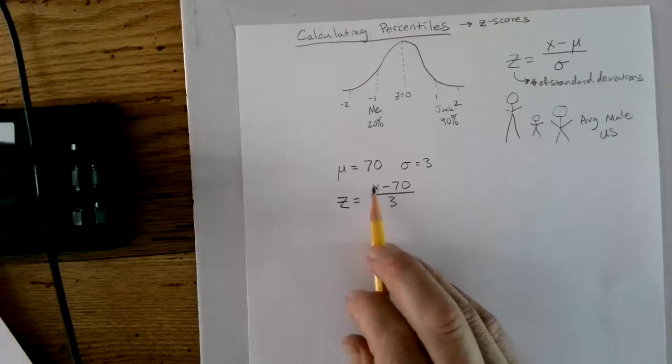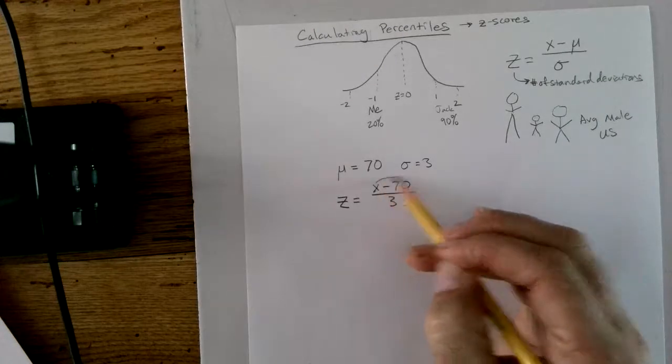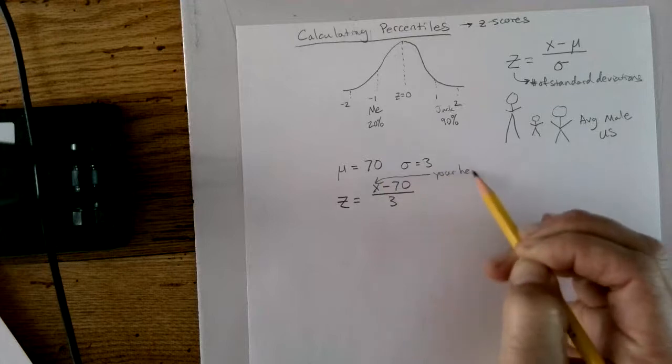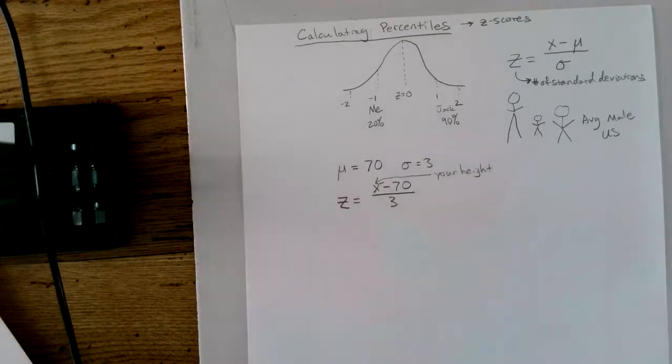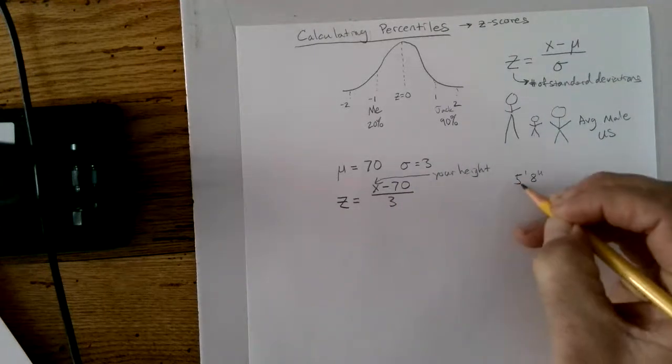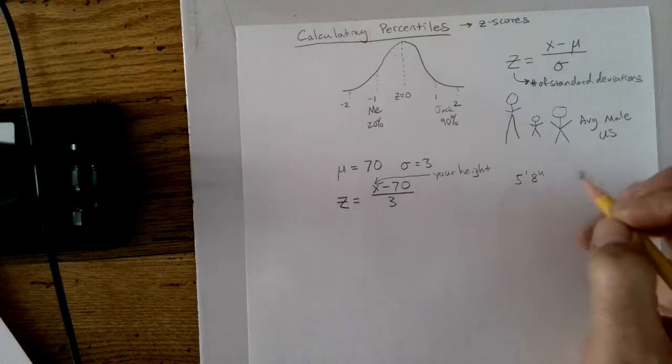Now, what is x? That's going to be your height. Again, this is just for guys. For me, I'm 5 feet 8 inches. Now, 5 feet is 60 inches plus 8, so that's 68.